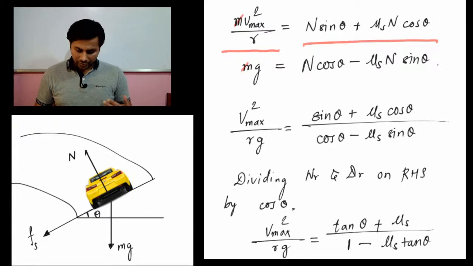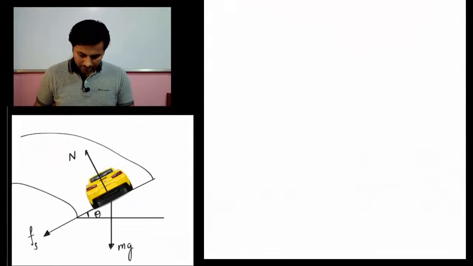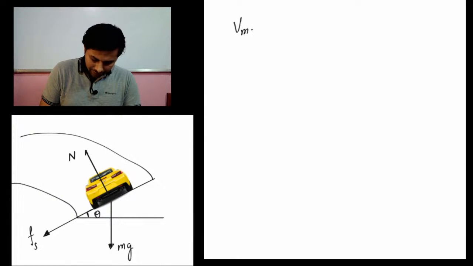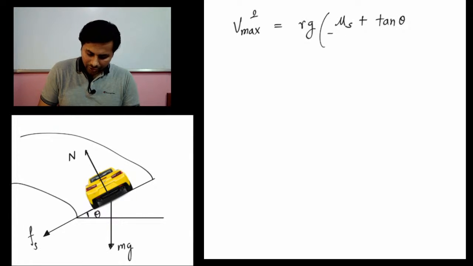And then we can take this Rg to the other side of the equation and we get V max squared equals Rg multiplied by tan theta plus mu s divided by 1 minus mu s tan theta.